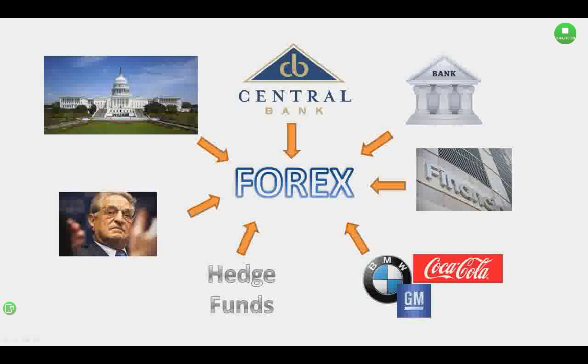For example, Coca-Cola might be paying some employees they have somewhere in India. They just have to convert dollars into rupees to pay the employees. And for instance, BMW might be ordering some parts from Japan, and that's where they have to convert euros into yen and then pay for those parts. So these are some of the transactions that are done.